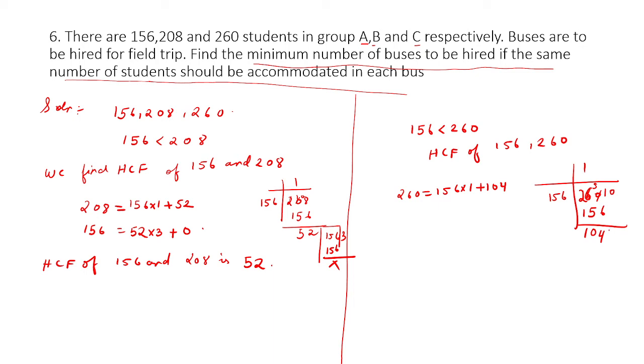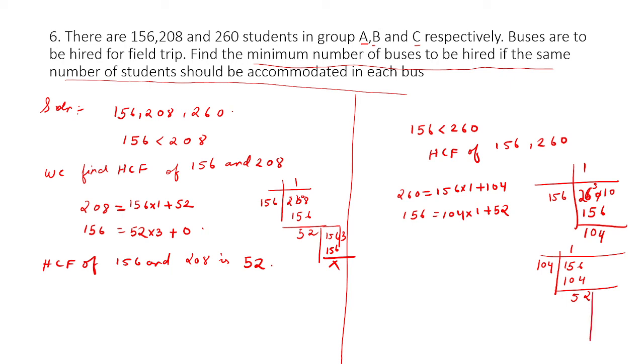Now let's go over here. 104, let's divide it with 156, okay? So 156 is the dividend and 104 the divisor. 104 into 1 will give you 104, remainder 52. So 104 into 1 plus 52 gives you 156.